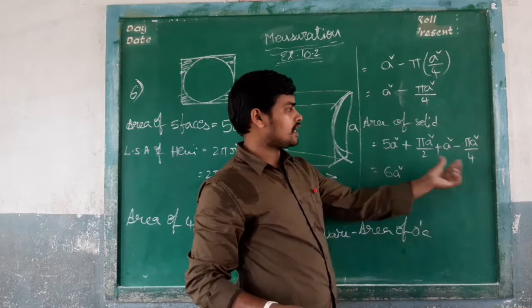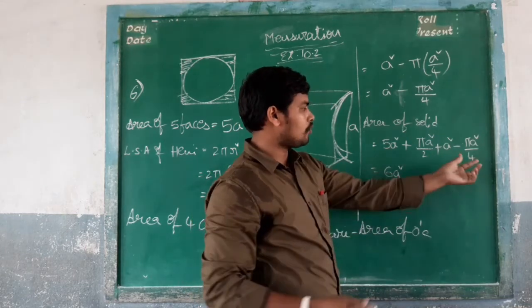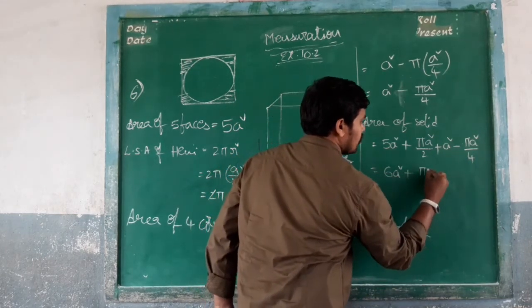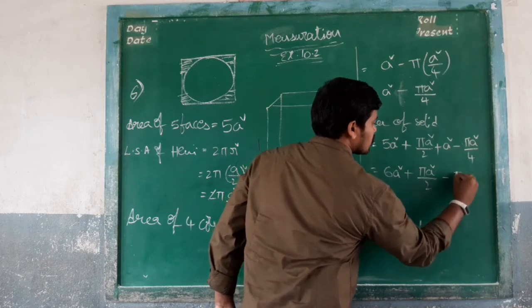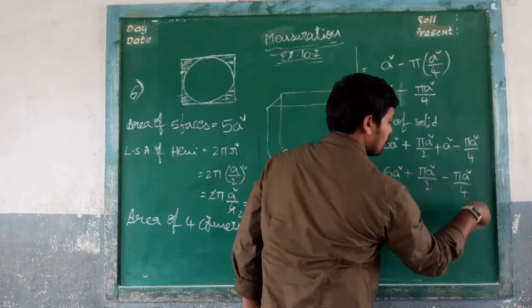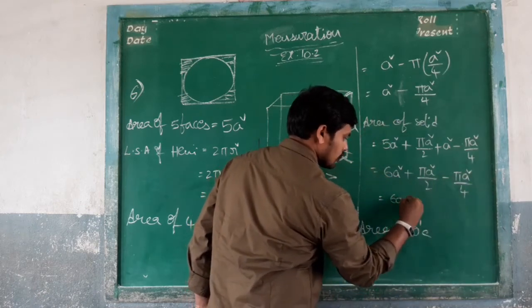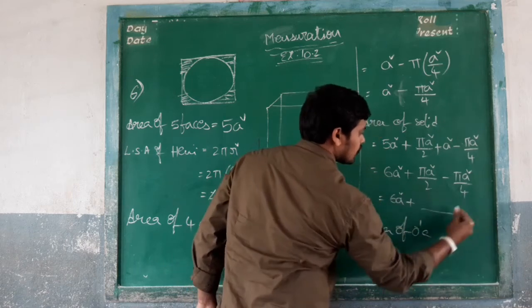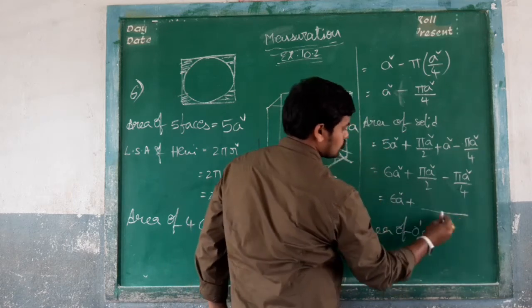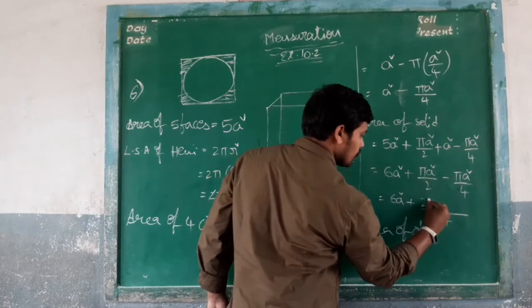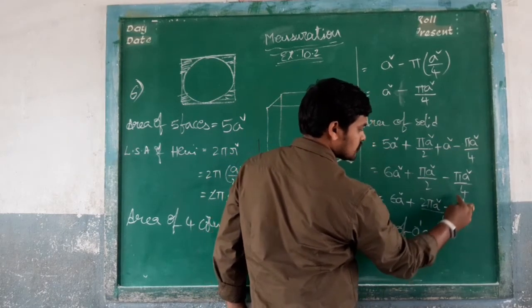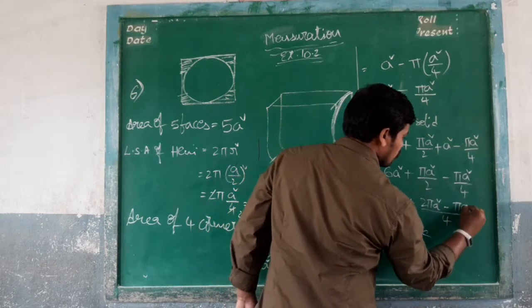Okay. Pi a square by 2, minus pi a square by 4, plus 6a square. What is the LCM here? 4 is the LCM. 2 into 2 pi a square minus 1 pi a square.